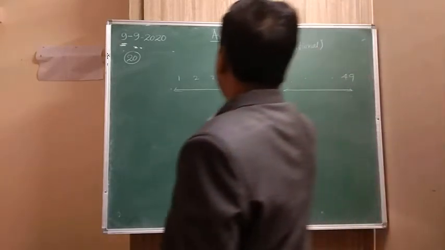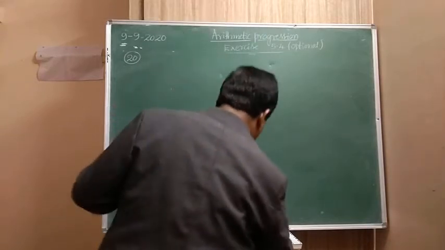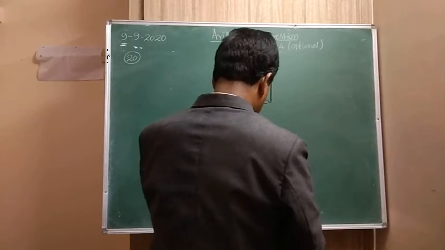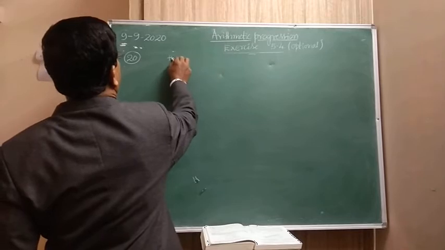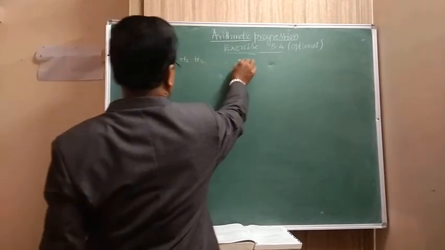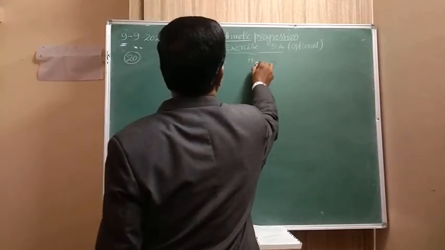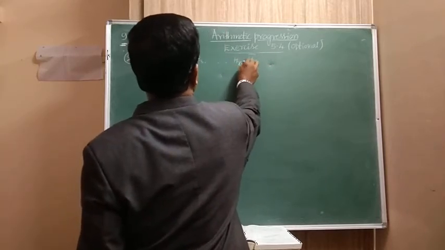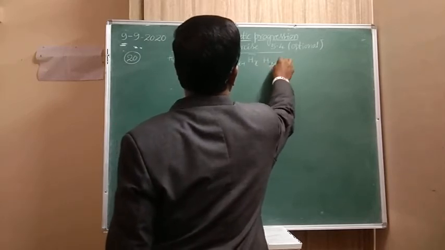For that, first you write down the houses as H1, H2, H3, etc. Here is house number Hx. The preceding of this house can be written as x minus 1, and succeeding of this can be written as x plus 1.